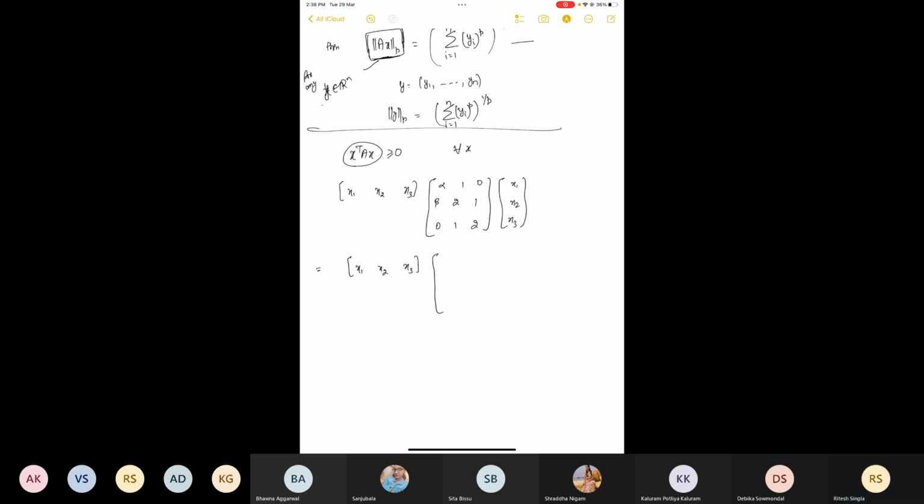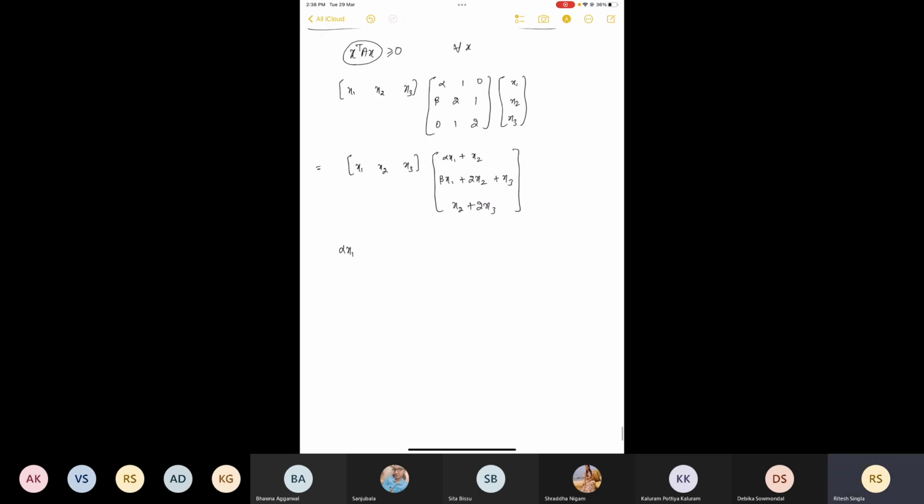This gives alpha x1 squared plus x1 x2 plus beta x1 x2 plus 2 x2 squared plus x2 x3 plus x2 x3 plus 2 x3 squared. We want it to be greater than or equal to 0.